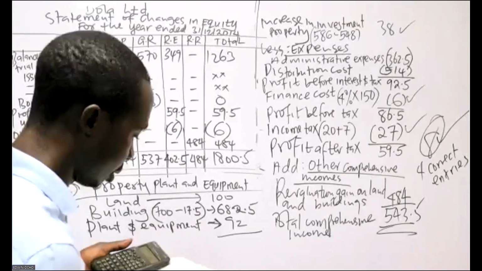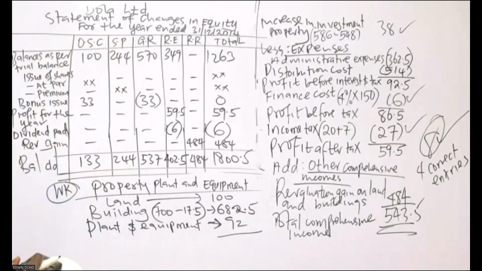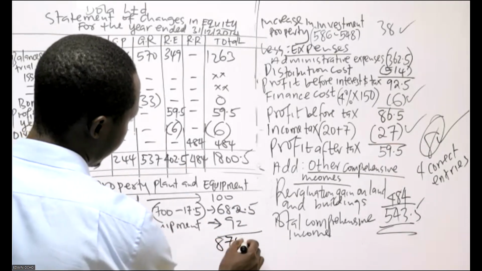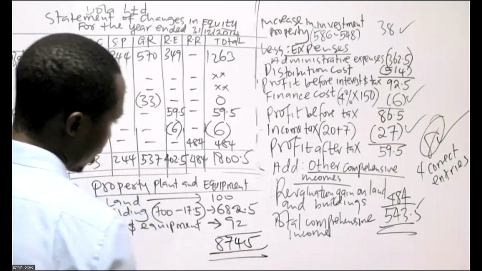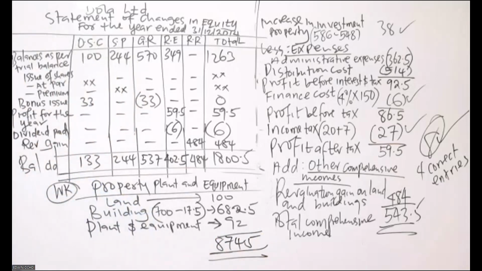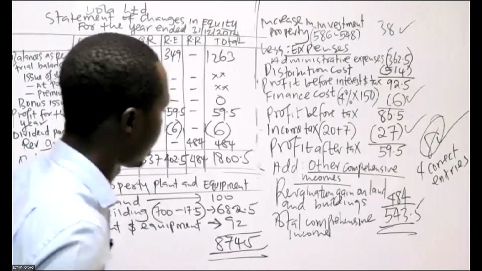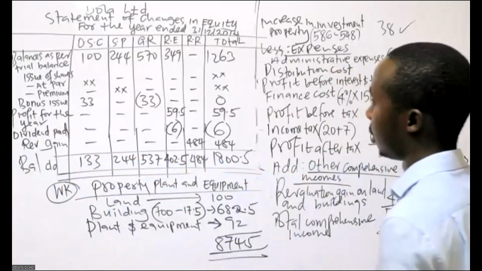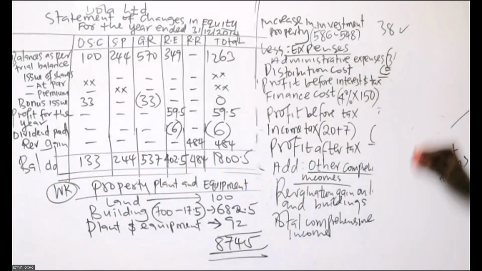So 100 plus 682.5 plus 92, 874.5. So this is the book figure for the property, plant and equipment.